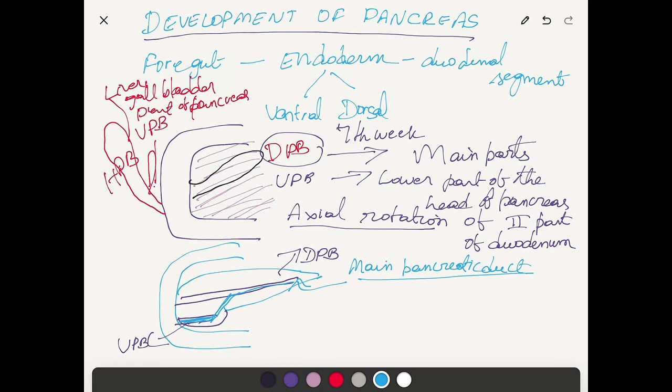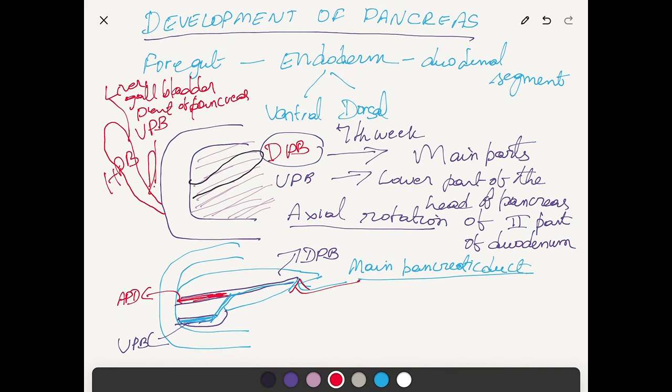The accessory pancreatic duct develops from the proximal part of the duct of the dorsal bud. So this is the main pancreatic duct, and this is the accessory pancreatic duct, which opens slightly cephalic to the hepatopancreatic ampulla. So this is the development of the pancreas.